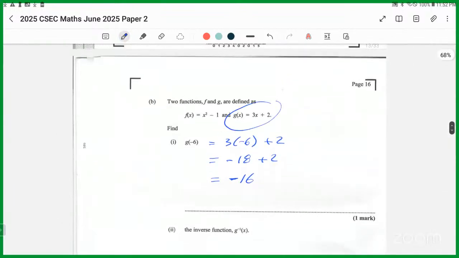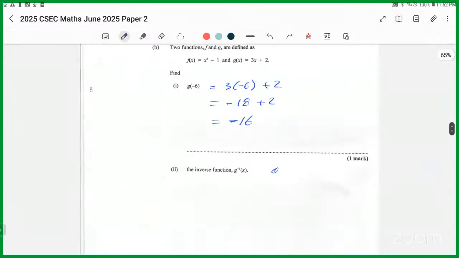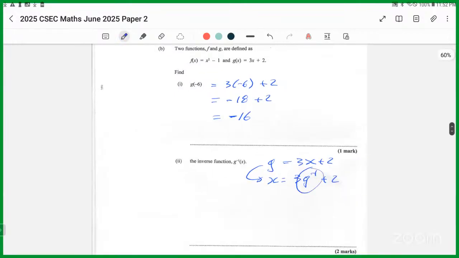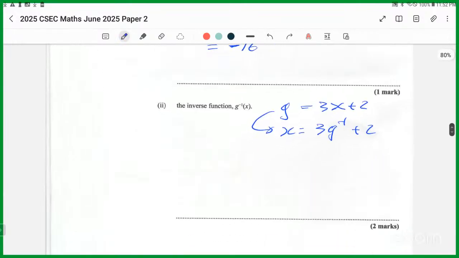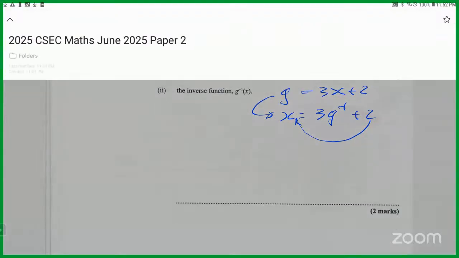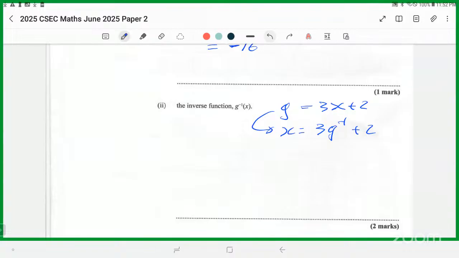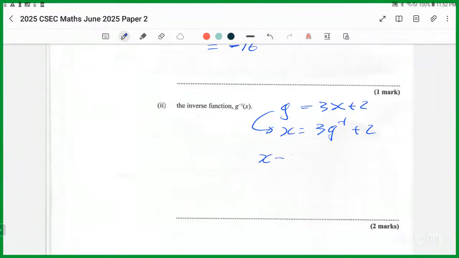Next part, the inverse of g. Start by saying g equals 3x plus 2. Inverse it, x becomes 3 times g to the minus 1 plus 2. This is the inverse function. We just need to make it the subject. Transpose the 2, subtract, and then divide by 3. Make g to the minus 1 the subject. So it becomes x minus 2, we transpose the 2, and we divide by this 3.